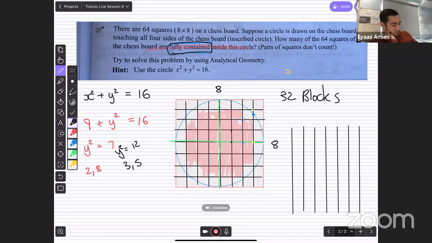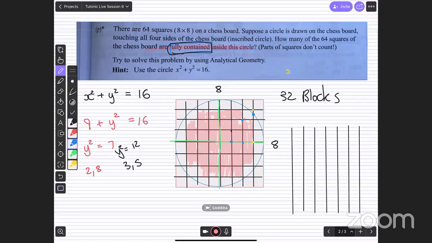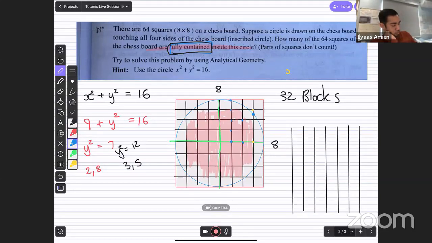Let's say you choose an x value of 1, right? You want to know how many blocks you can have. So it's going to be 1, 2, 3, 4, possibly.